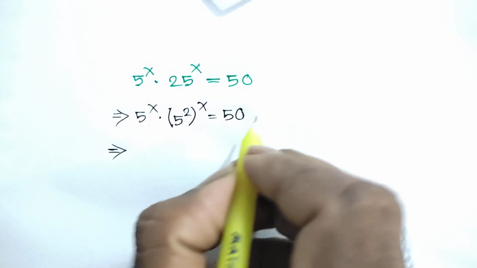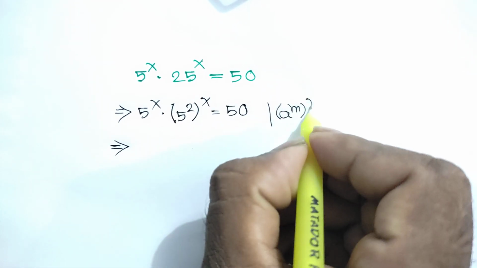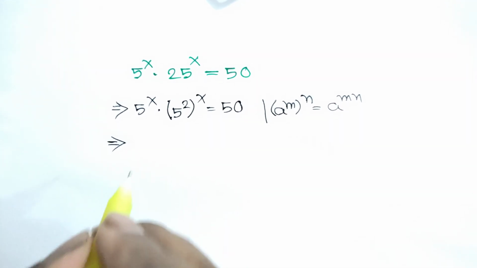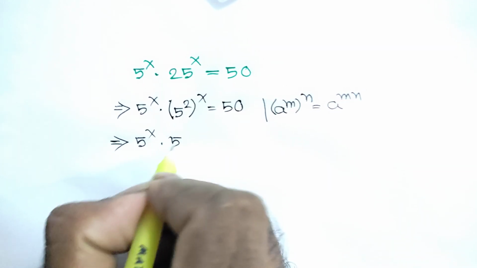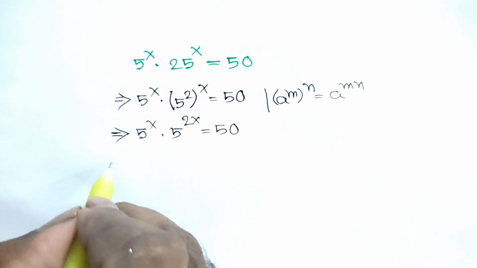According to the exponential formula, a to the power m whole to the power n is equal to a to the power mn. Applying this formula, here we can write 5 to the power x times 5 to the power 2x is equal to 50.